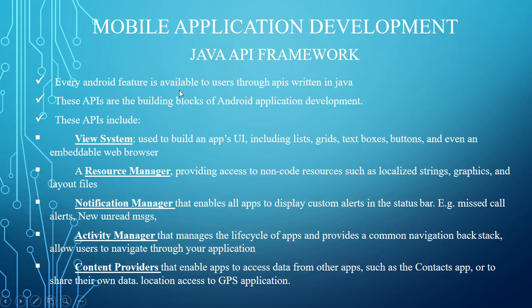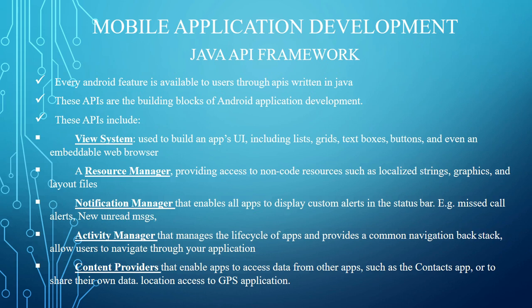We now have the Java API framework, where we have the view system. These frameworks are used by mobile applications. For view, we are dealing with the interface, and when we start developing Android applications, we are going to use the view.